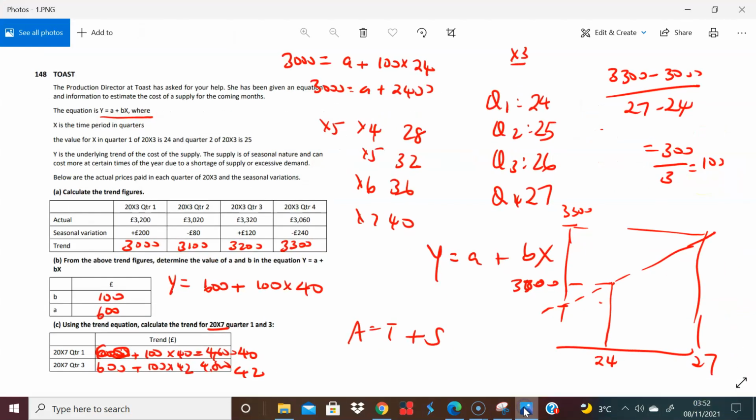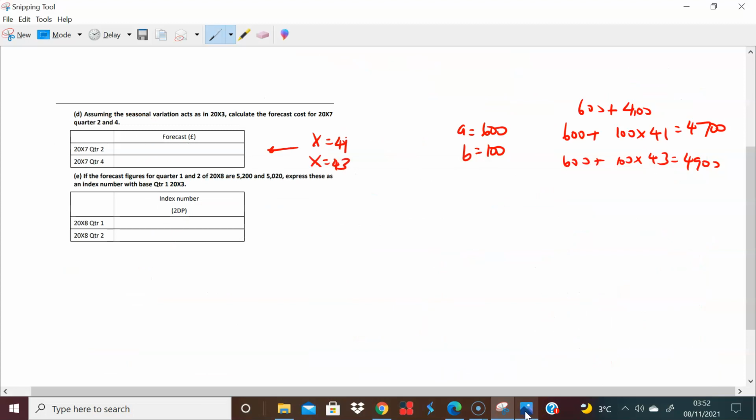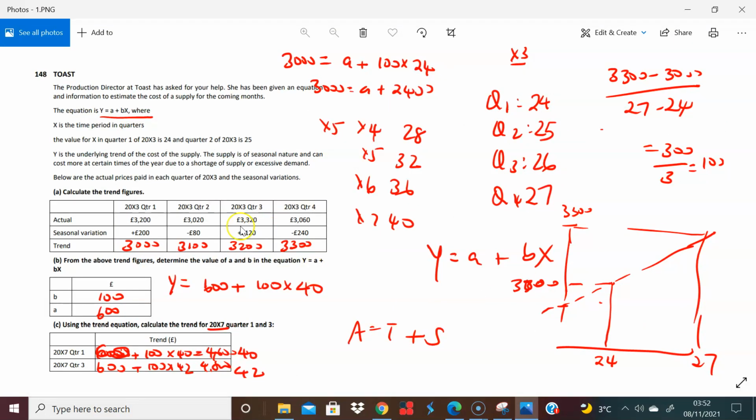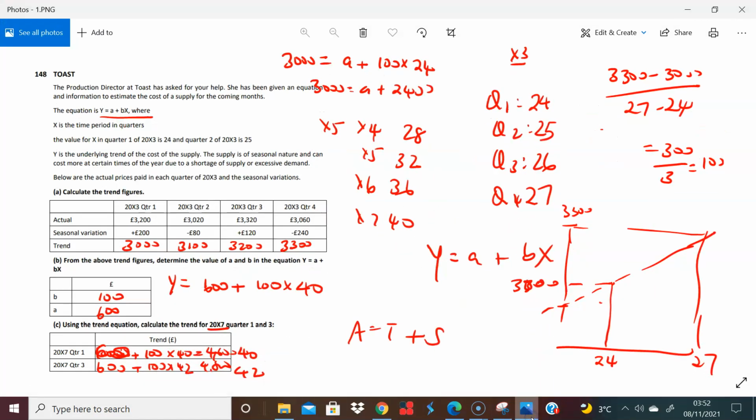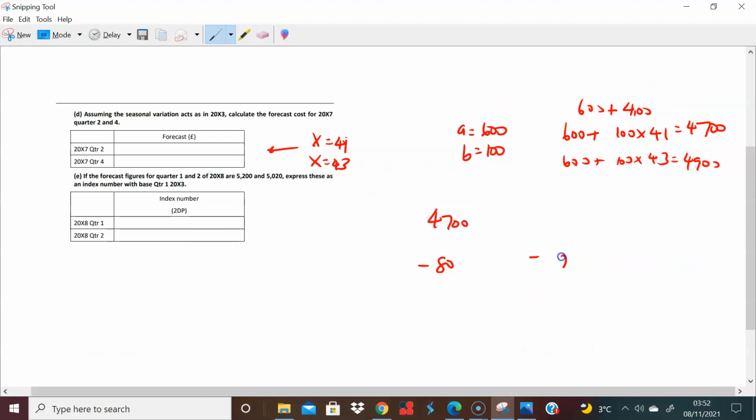So now let me go back. You can see what I'm doing here. It's telling me that in Q2, because I'm dealing with Q2 and Q4, I have minus 80 and minus 240. So I'll just do that here, 4,900 minus 240. What is this saying?